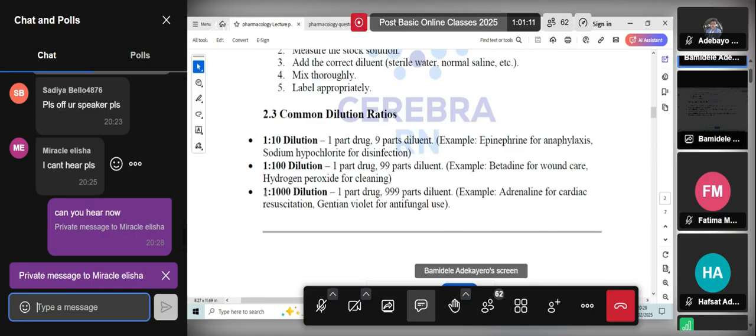You're going to be using this a lot for patients with cardiac conditions. It is diluted from factory because it is not convenient to have 1 mil of a medication and 999 mils of diluent. Like I said, the common example is adrenaline.